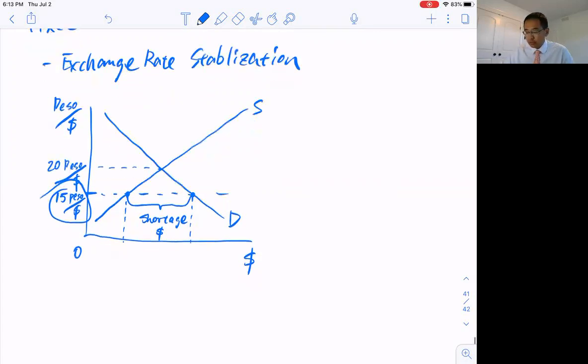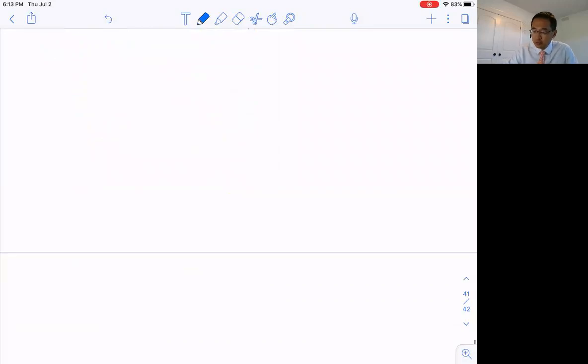Okay, so now let's talk about the floating system. Okay, so the floating system, or flexible system, that's pretty easy to understand. You just reach market equilibrium in the foreign exchange market, and whatever that is, you let it happen, right? So now there are arguments for and against the floating system, right?